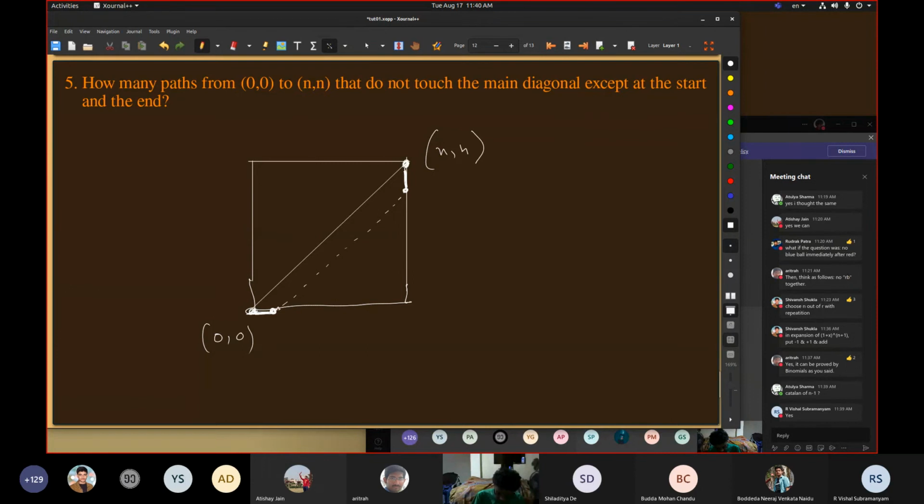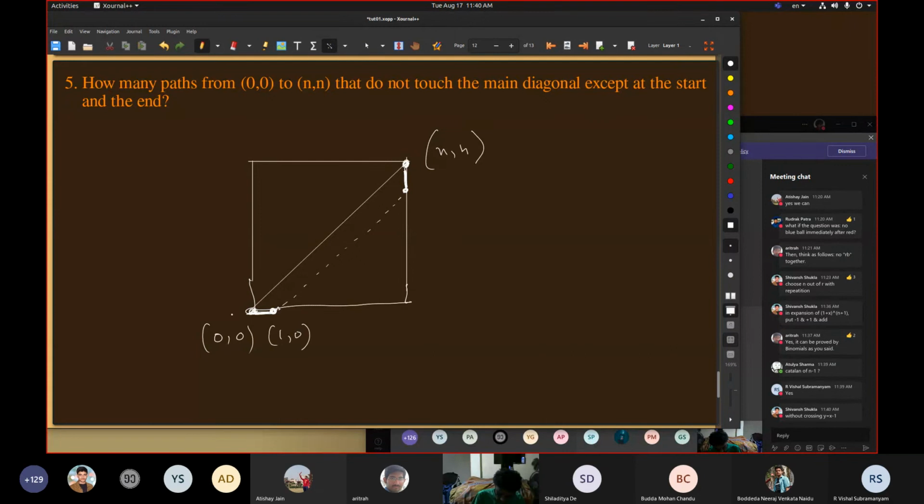So essentially, I have to go from 1, 0 to n comma n minus 1. You know how many ways you can go? This is basically an n minus 1 by n minus 1 grid. So the answer is C n minus 1. Happy, right?